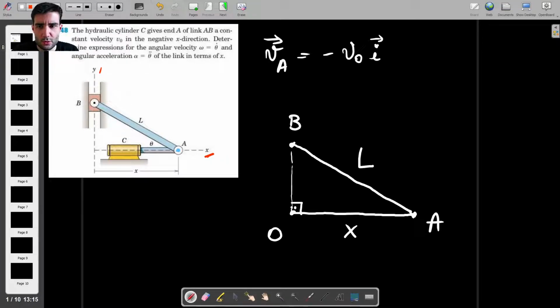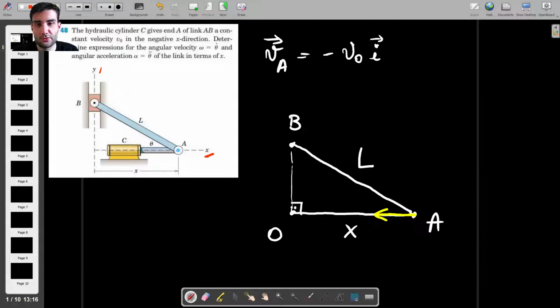Okay, so what we can then do is try to find the instantaneous center of rotation. And we do that by finding out the directions of two velocities on link AB. We know what the velocity of A is, and we know its direction, which is to the left.